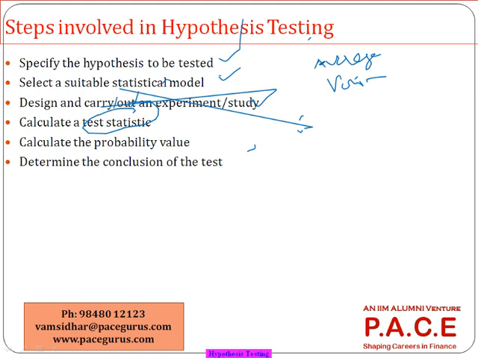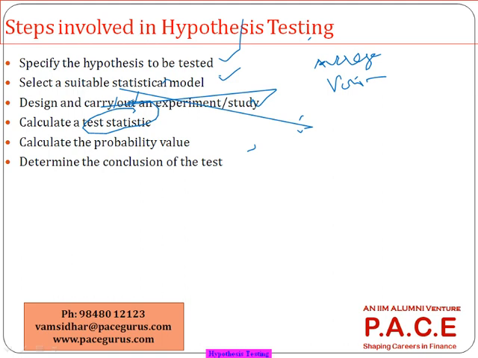If I have to compare the variance of a population with a constant value, then there could be another test statistic. So any kind of statistical test I want to perform, depending on the mechanism of the test, there will be a separate test statistic.